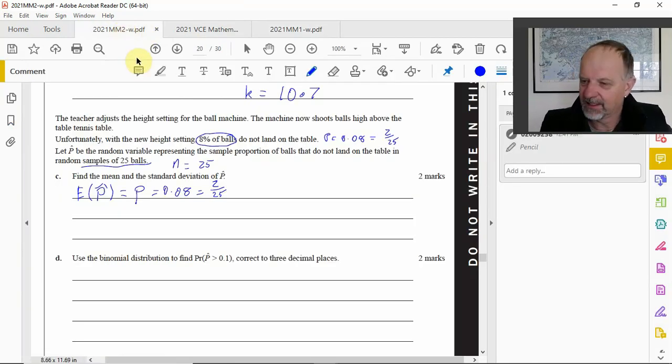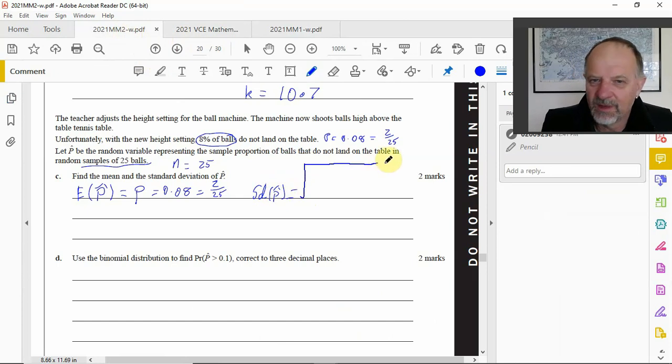The standard deviation for our proportion is that formula, the square root of 0.08 times 1 minus 0.08, over our sample size of 25.